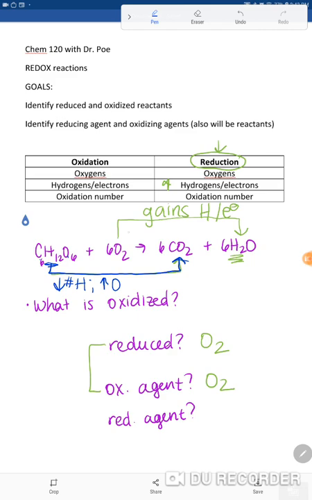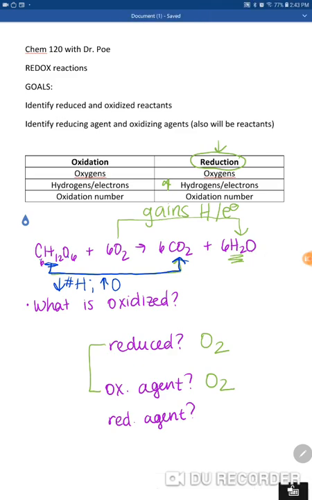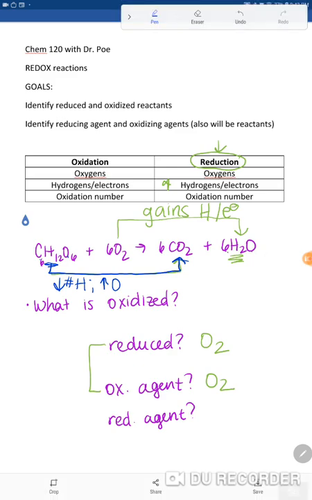And ditto here for the oxygen going to water, it's gaining hydrogens. That's very visible, but it's also losing oxygens there, because this whole molecule was oxygen. Over here now it's oxygen diluted with other atoms, so that's really losing oxygens.